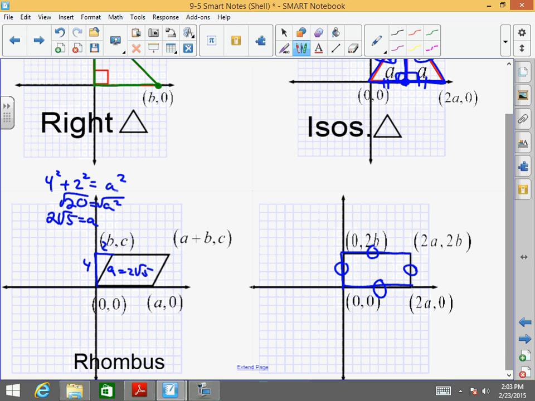The problem occurs if they give you a rectangle and it's slanted. In that case, same thing. Find one side, double it. Find the other side, double it, and then you'll be able to get your perimeter or area or whatever it is that they're asking for. Yes, sir.